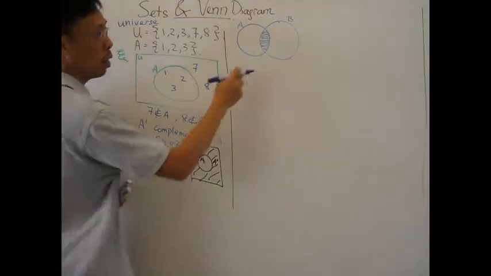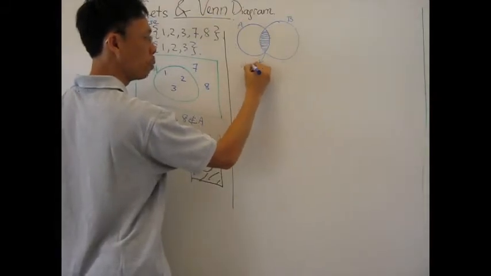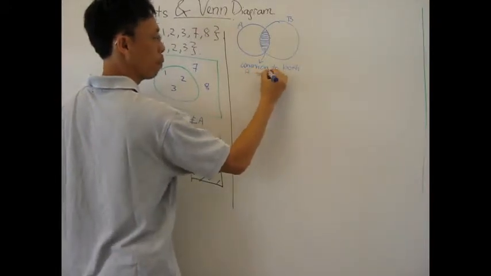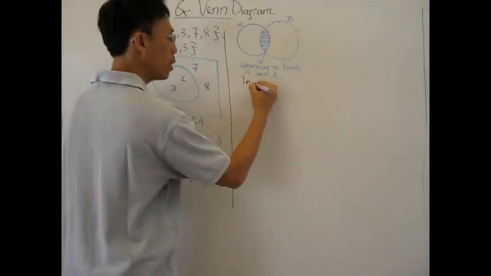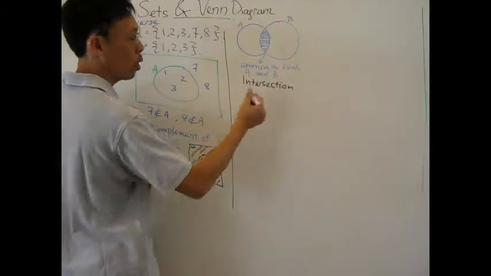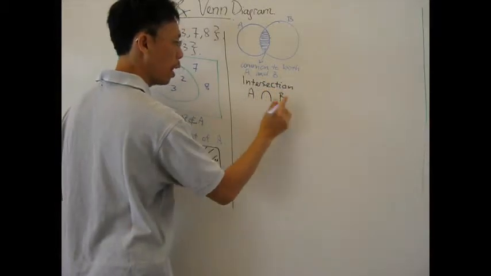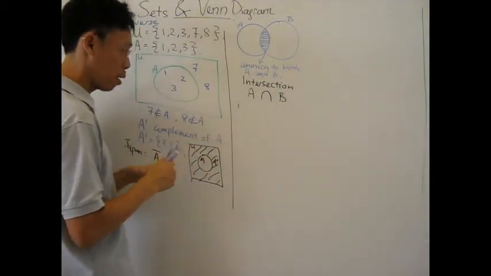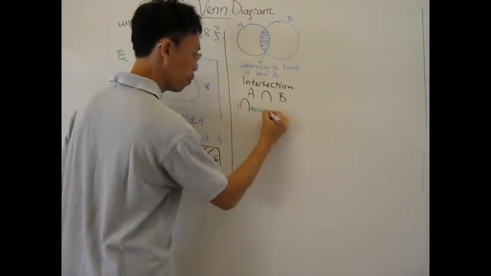This is the region which is common to both A and B. Common to both A and B. So this is what we call the intersection, and the symbol for that is A, then a symbol like an upside-down U, then B. The way I remember intersection is this: the symbol looks like the letter N in intersection.